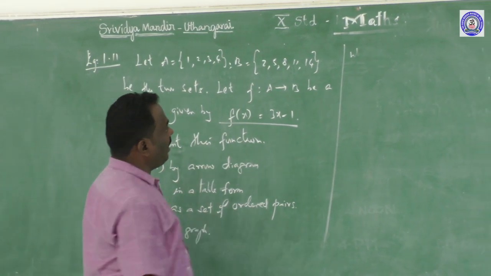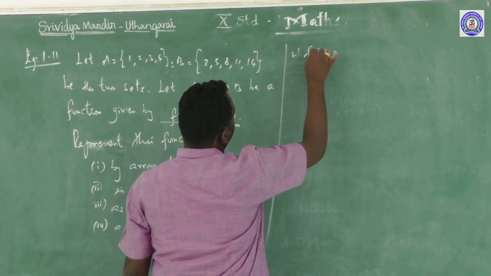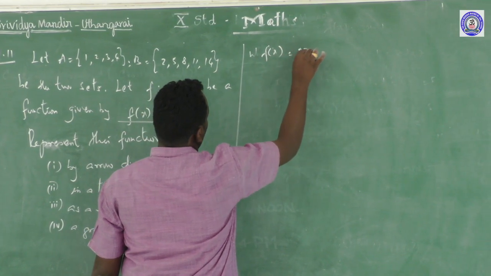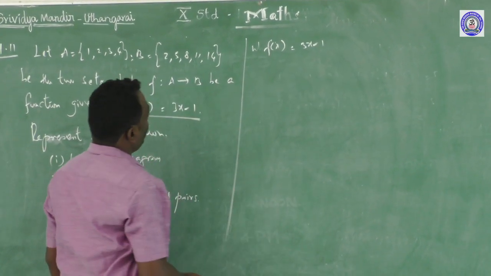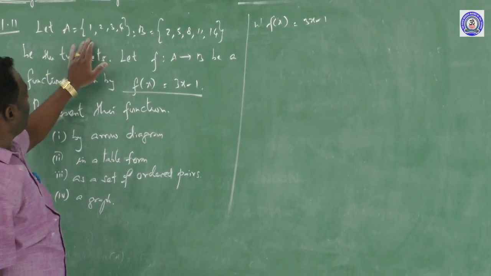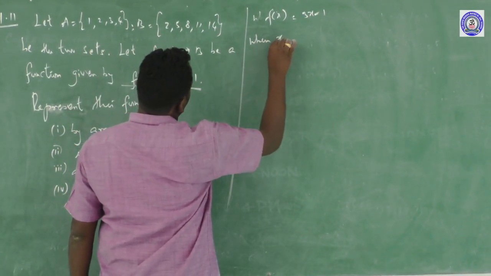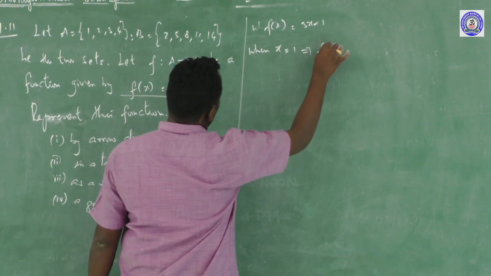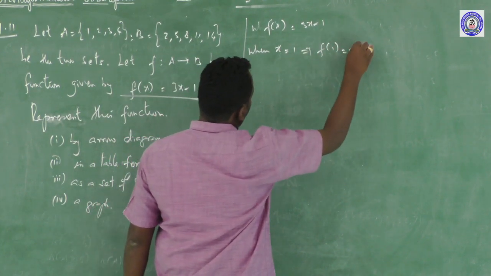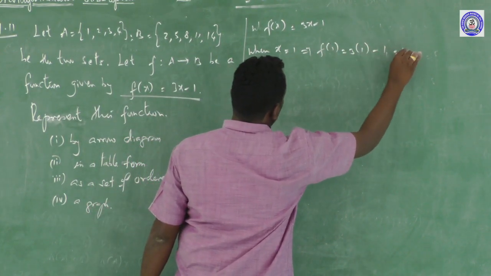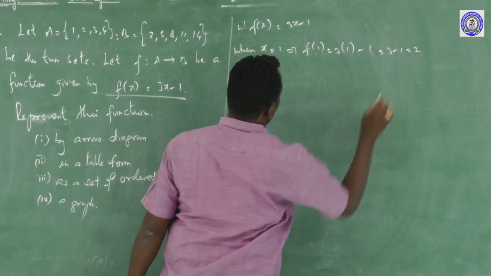So now what is given in this function? f of x is equal to 3x minus 1. Now we know the x values are from A. Therefore, first put x equal to 1: f of 1 is equal to 3 into 1 minus 1, which is 3 minus 1, equal to 2.